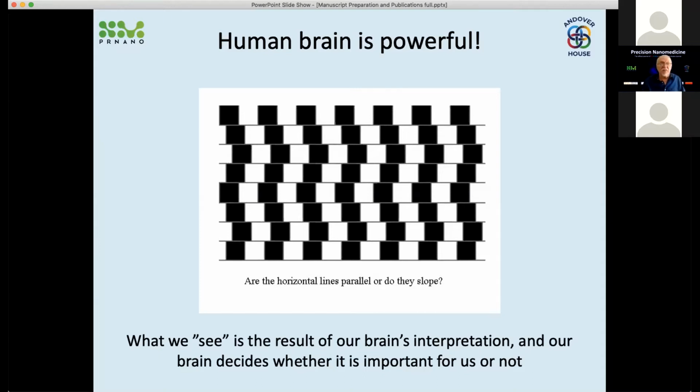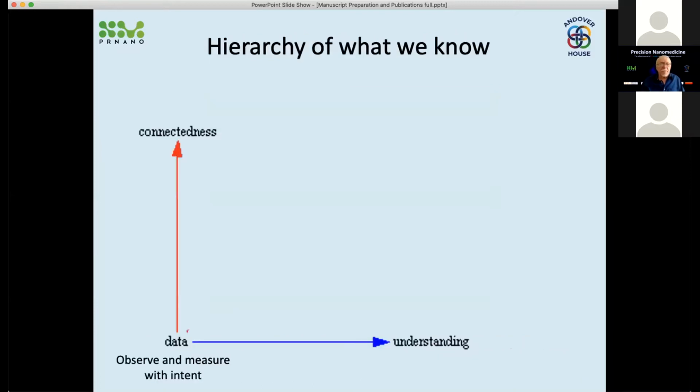The more data and information we have, the better we understand it, and the more connected it is, the more knowledge it generates. So this is a simple system we all know. Science is based on data. You have to observe with intent and measure with intent, and the more connected it becomes, the better we understand.